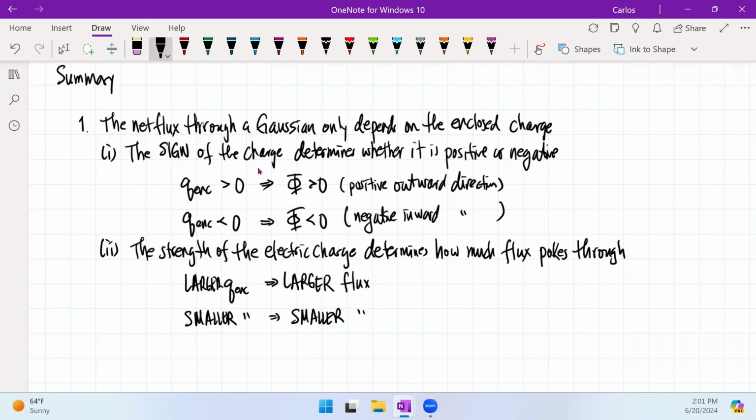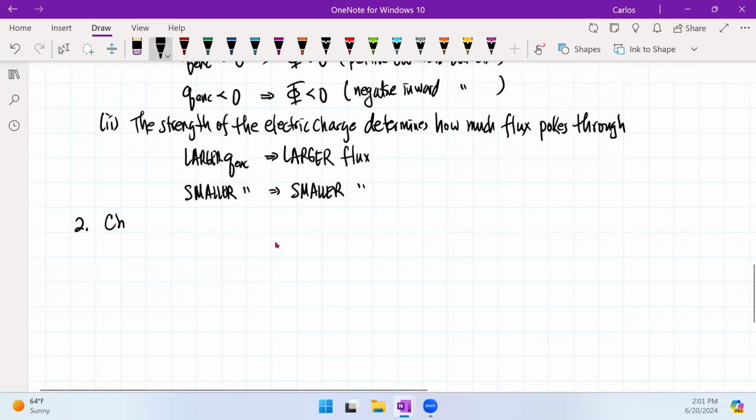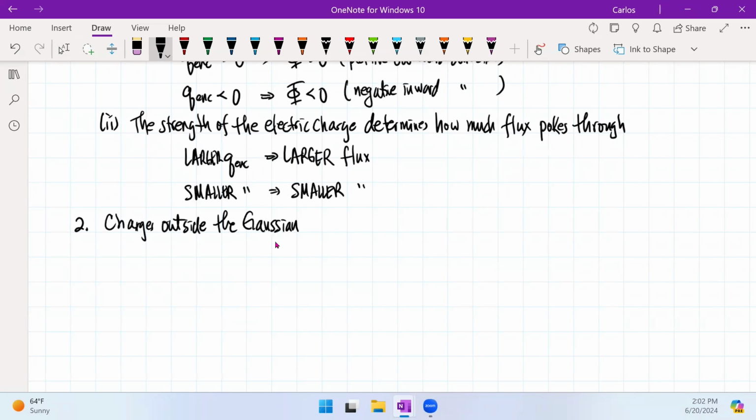2 more points here. 2. Charges outside the Gaussian do not contribute to the net flux through the Gaussian.